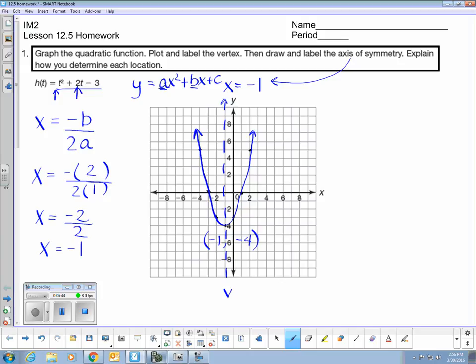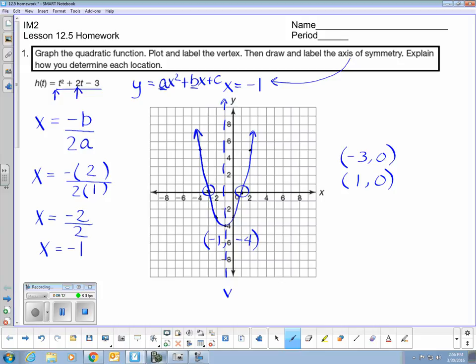Another way we can find the axis of symmetry is by averaging some symmetrical points. For example, I can average my two x-intercepts. So let me list them first. My first x-intercept is negative 3, 0. And my second x-intercept is 1, 0. And so like I do when I average test scores or average anything, I add the two values together.